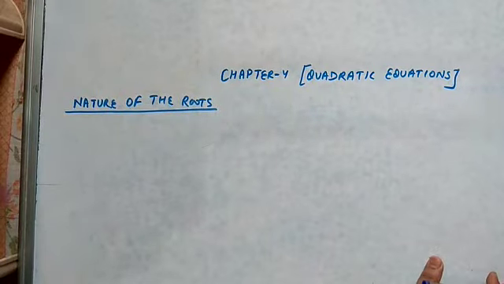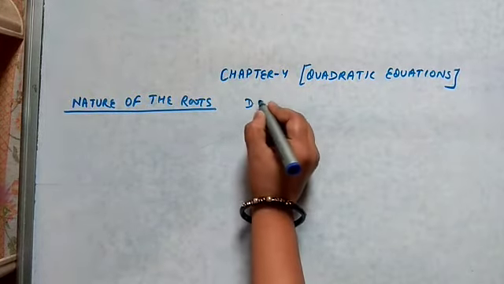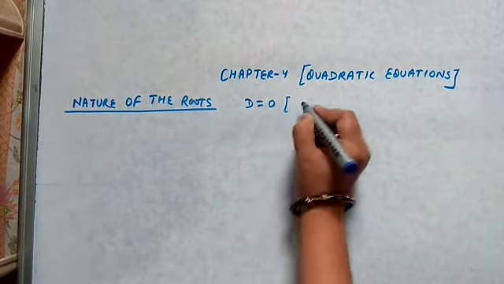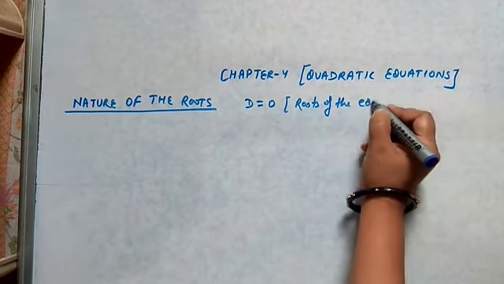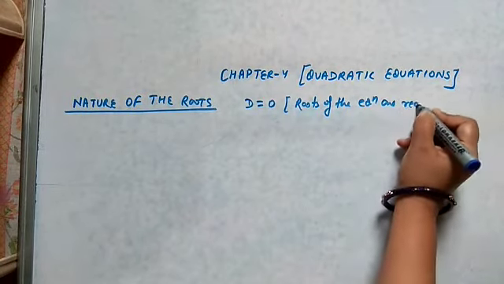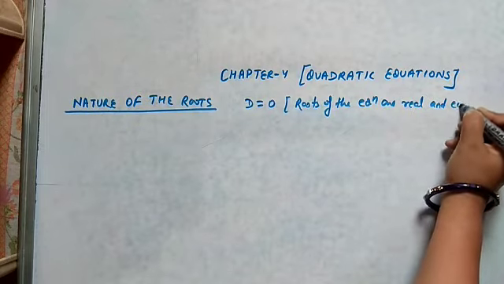Welcome back, student. In the previous video we were discussing how to identify the nature of the roots, and there we discussed that if D is equal to 0, we will say the roots of the equation are real and equal.